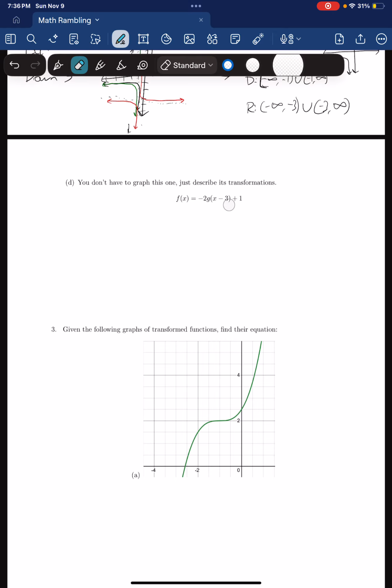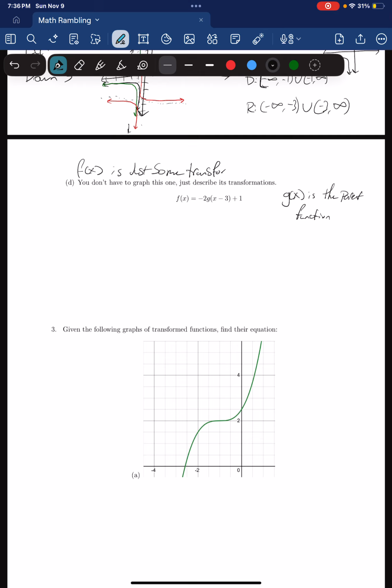Let's consider that g of x is the parent function. Then f of x is just some transformation of g of x.